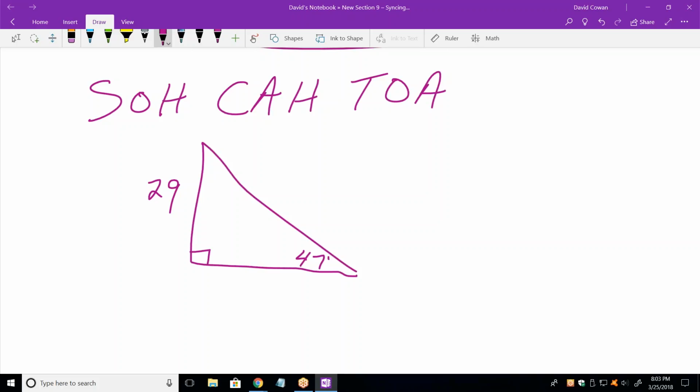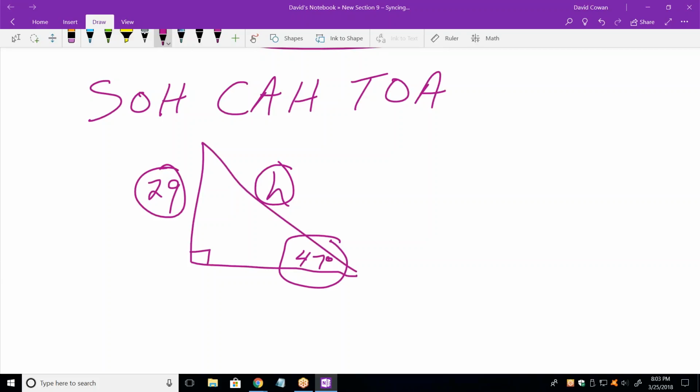Yes. Okay. So the way to solve these is to start with the trig function. We're trying to solve for the hypotenuse. What trig function is going to include 47, 29, and h?